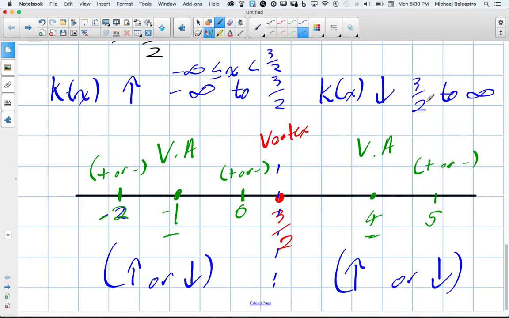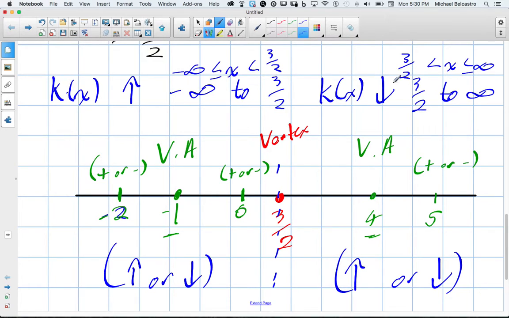So that's where you use a point and an infinite number, or you could say when x is greater than 3 over 2, but not equal to, again at that point.